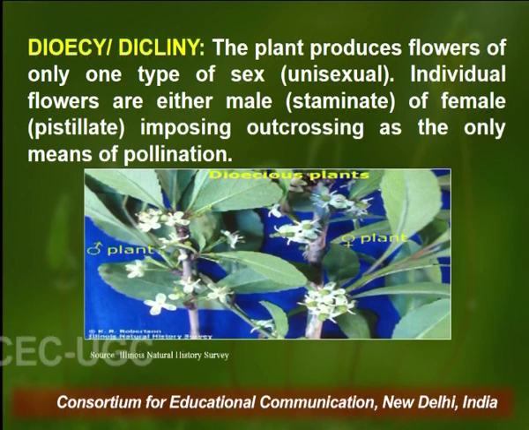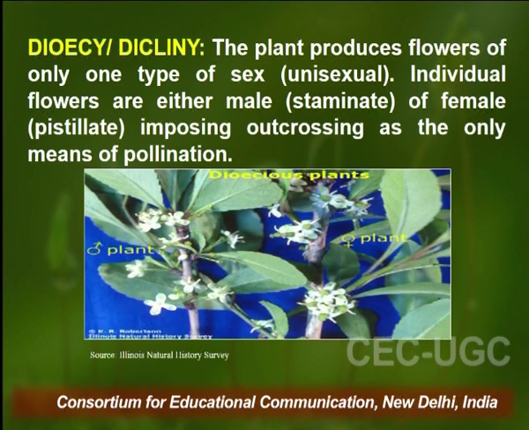Diclinism or dicliny. This is one phenomenon which ensures that pollination can only happen with the intervention of some agency, because the plant produces flowers of only one type of sex, or we can say that unisexual flowers are produced.